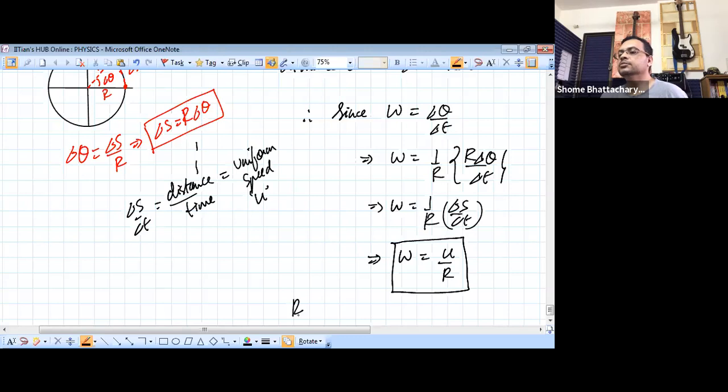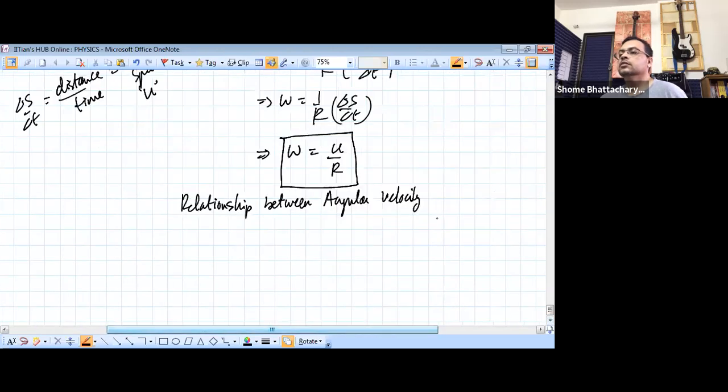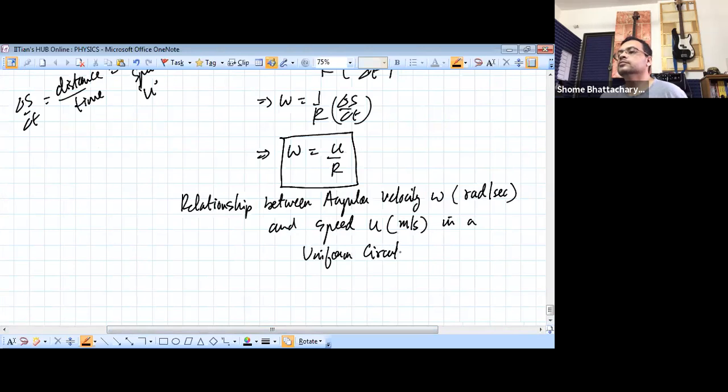Okay, so this is the relationship between angular velocity omega, expressed in radians per second, and the speed u, expressed in meters per second, in a uniform circular motion of radius r in meters.